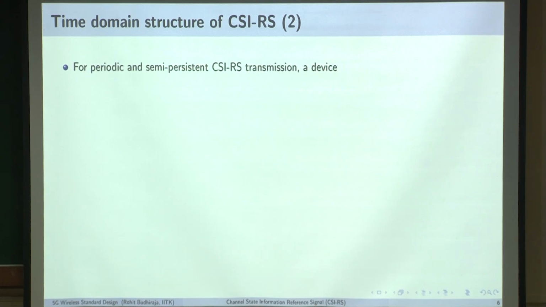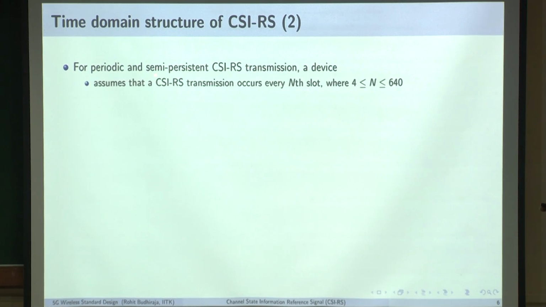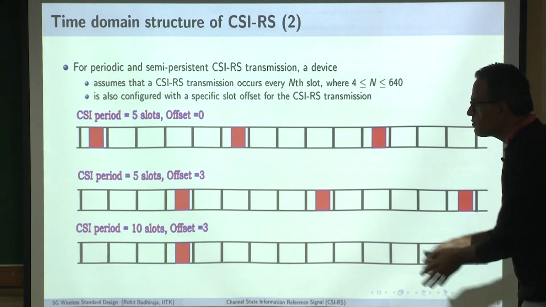For periodic and semi-persistent CSI-RS transmission, a device assumes that a CSI-RS transmission occurs every nth slot, which is the period. n can be between 4 to 640, and it is also configured with a specific slot offset for the CSI-RS transmission. I will show you that, and the picture will become clear.